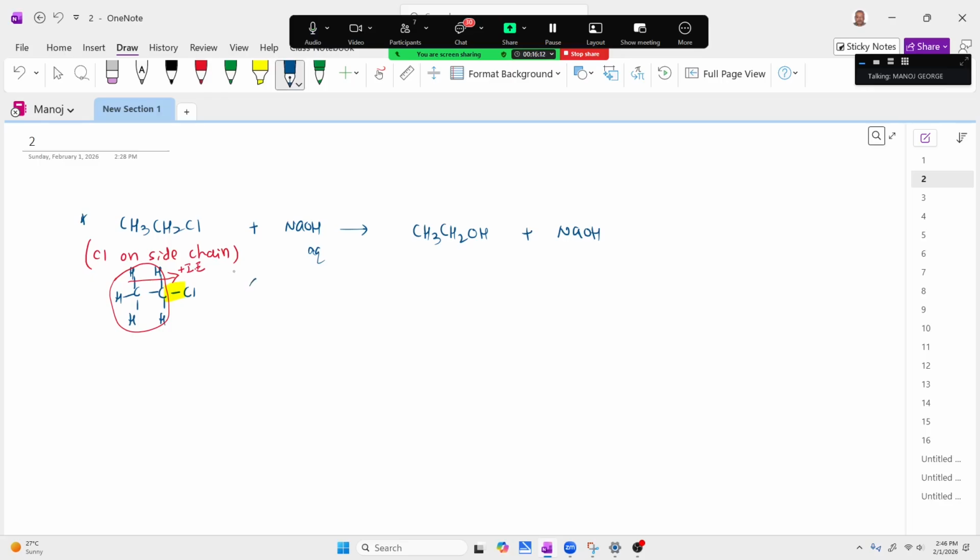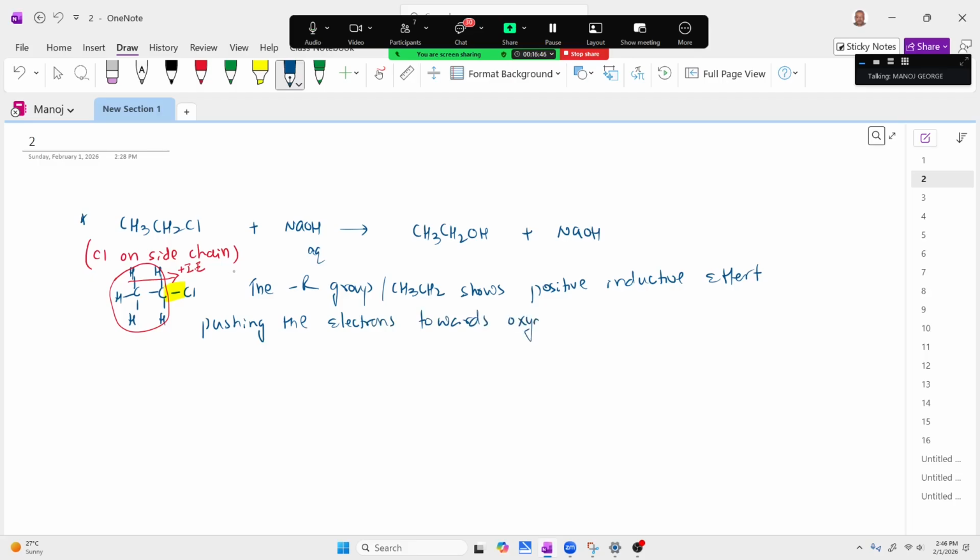So the R group or the ethyl group shows positive inductive effect, pushing the electrons towards the chlorine.